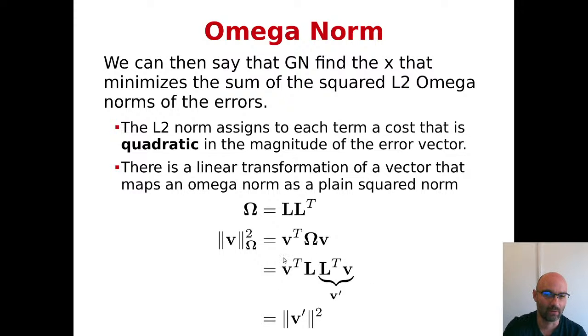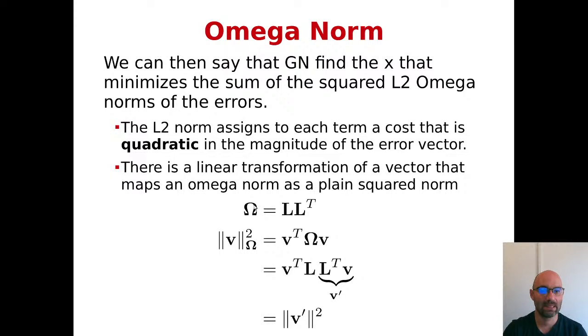we get this formula over here. And then at this point we can replace the vector v with another vector v prime, which is equal to v multiplied by L transposed.